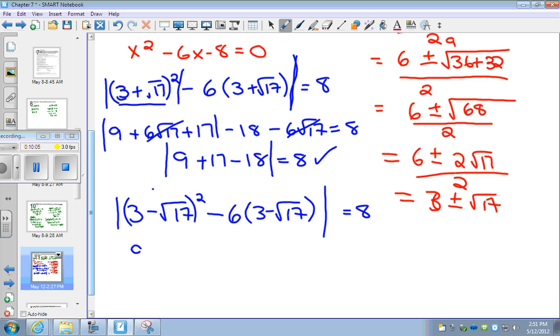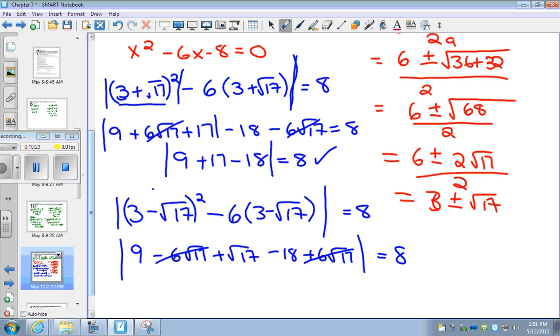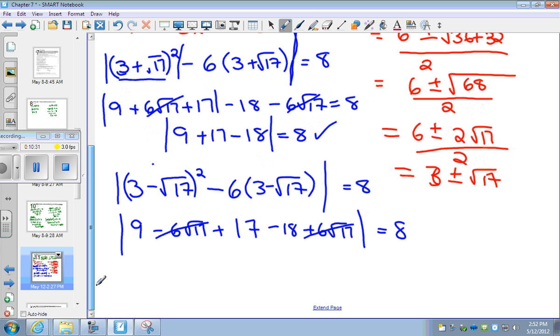This would be 9 minus 6 root 17 plus root 17 squared minus 18 plus 6 root 17. The 6 root 17 and negative 6 root 17 cancel. Root 17 squared should be 17 here. So I have 9 plus 17 minus 18, and I get the absolute value of 8. Does that equal 8? Yes. So both of these solutions are correct.